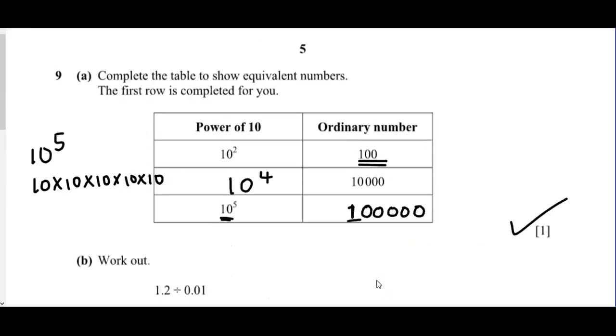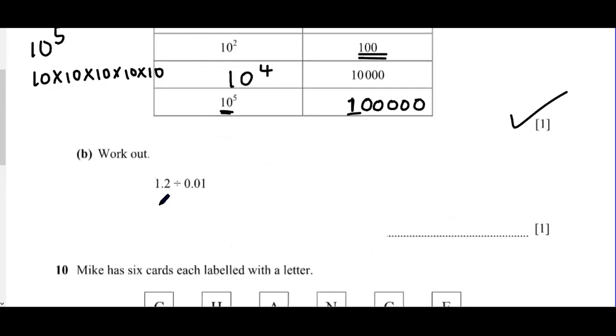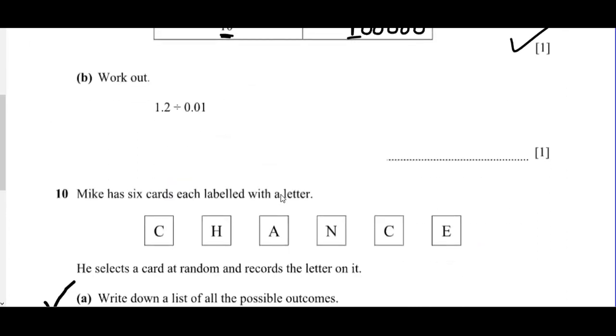Okay, the next question here is 9b. Work out 1.2 divided by 0.01. Okay, so how do we do that? Try to write these two numbers as a fraction. So you're going to have 1.2 divided by 0.01.